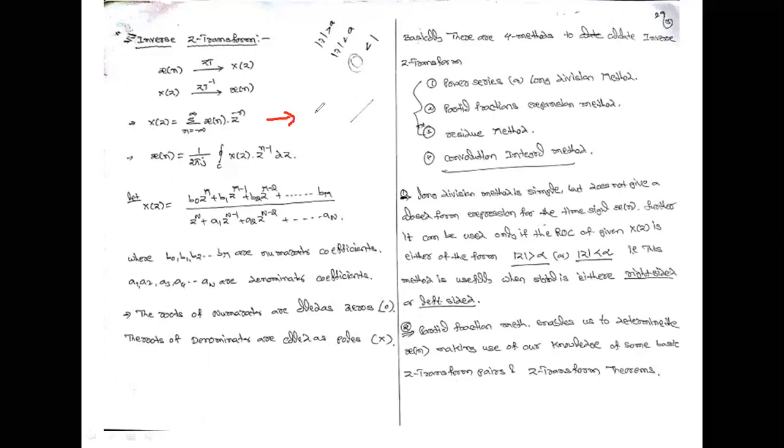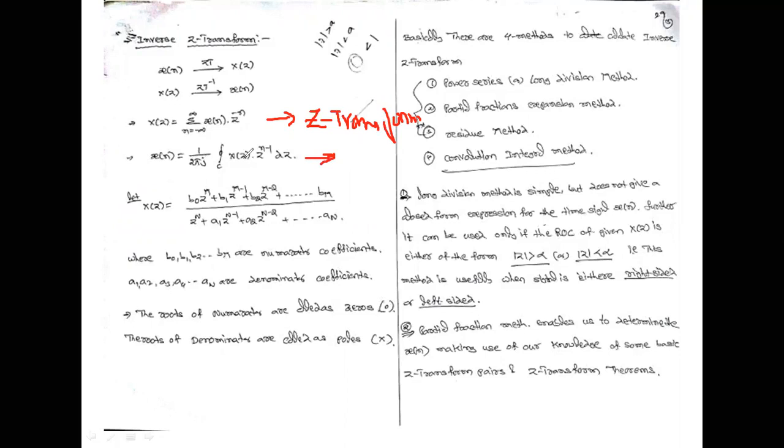This is the definition of a Z transformation. Z transform: X of z is the sum of n equal to minus infinity to infinity of x of n z power minus n. And the inverse Z transformation formula. We use this formula to derive Parseval's theorem, and another one.